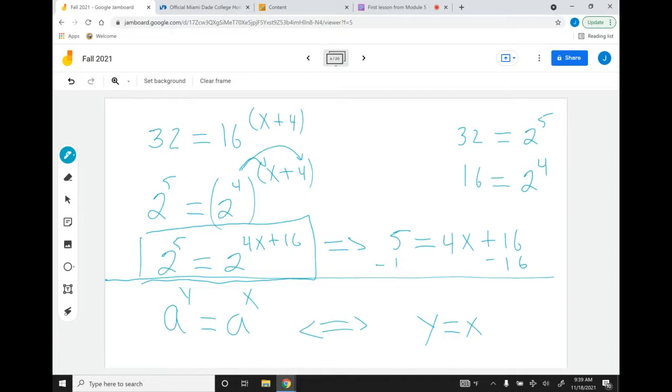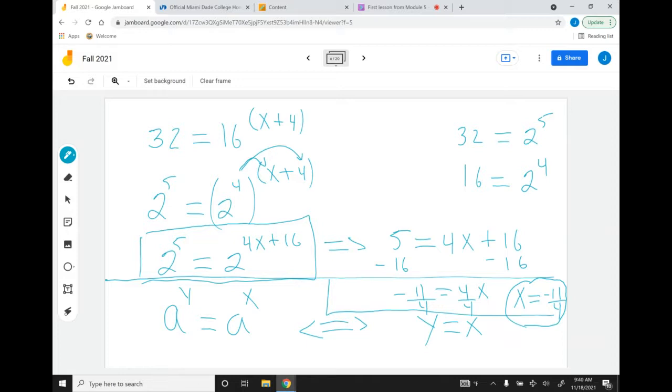I'm going to write it so that you see where it's coming from: negative 11 equals 4x divided by 4. And your answer then will be negative 11 over 4. And there's no need to check on these.